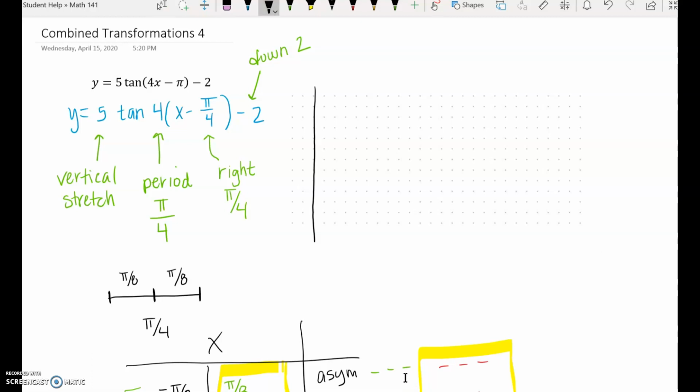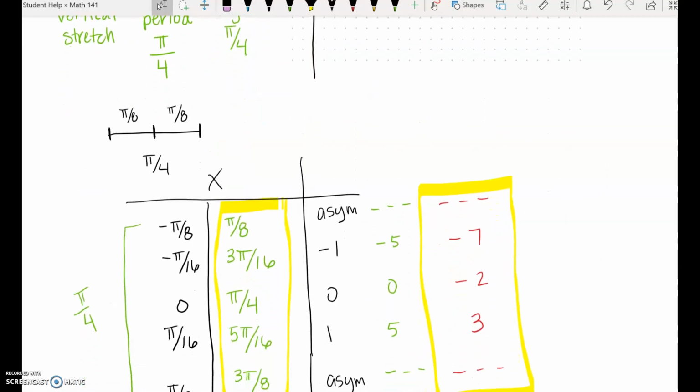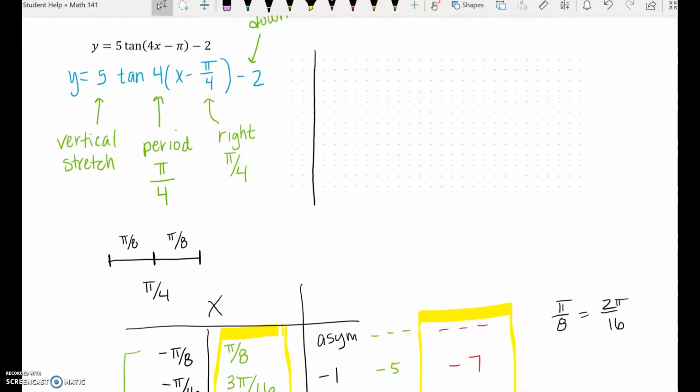So we're going to count off by 16ths, which is the lowest common denominator here. So pi over 8 is the same as 2 pi over 16. So I want to count by 16ths. So I'm going to skip every other line here, every other dot that I have. So this will be 1/16, and then 2/16 will be here, pi over 8, and that's going to be my asymptote.